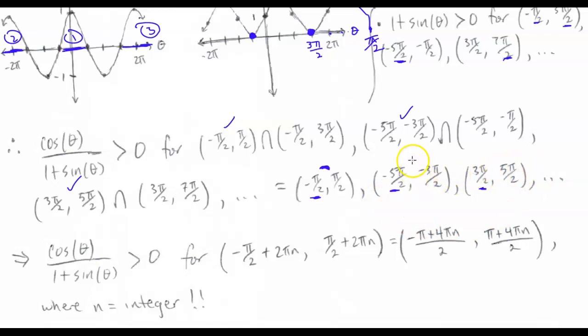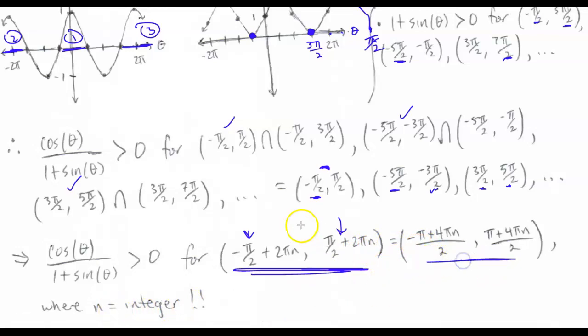So that's why you have these corresponding values here. So we see that this particular function is going to be non-negative, or above the theta axis, whenever we rewrite it this way. So basically, whatever this is, skip 2 pi n units. And of course, whatever this is, pi over 2 plus 2 pi n units, where n is an integer.